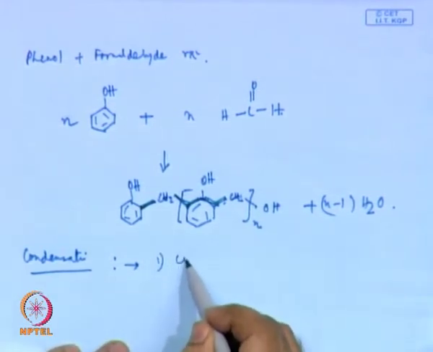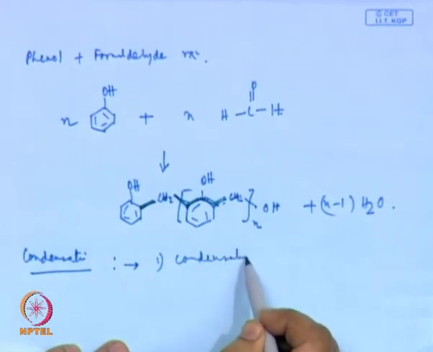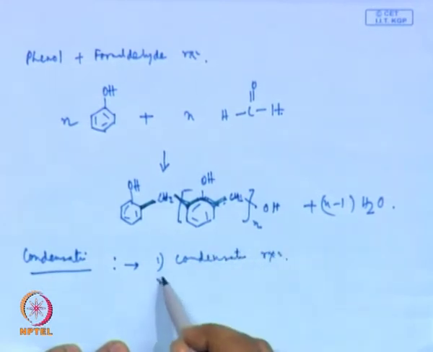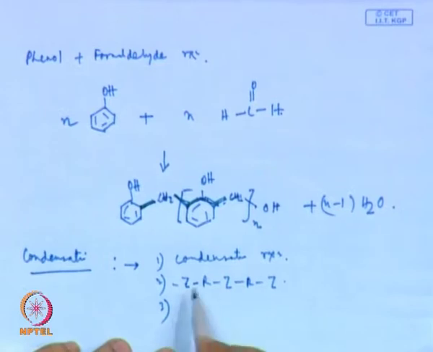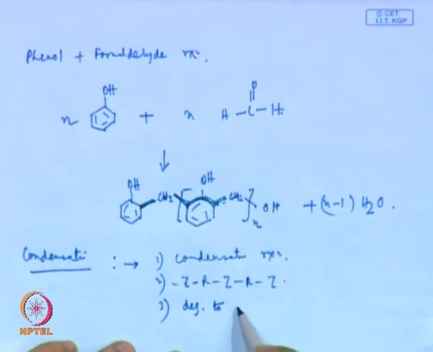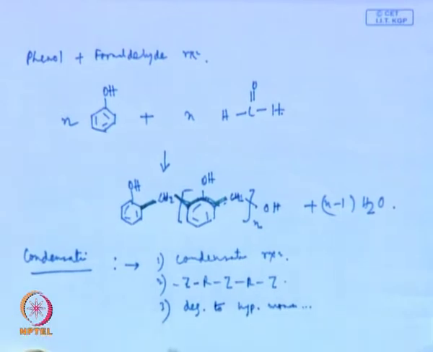One, it is made by a condensation reaction, or it has a functional group in the backbone, or it can be degraded to hypothetical monomers from which they can be synthesized, at least imagined that they are formed by condensation reaction or by elimination of some small molecules.